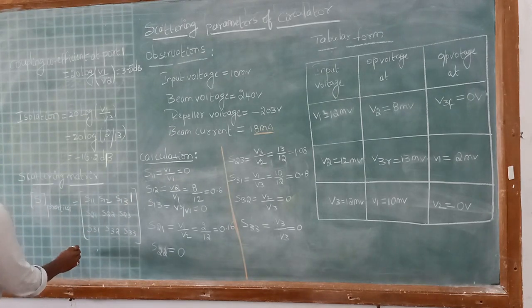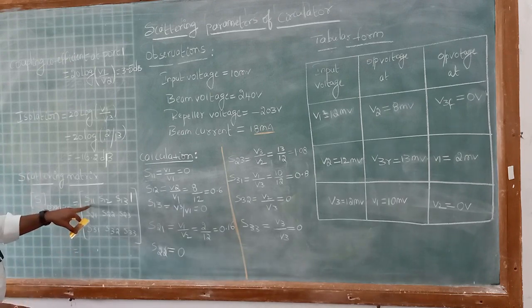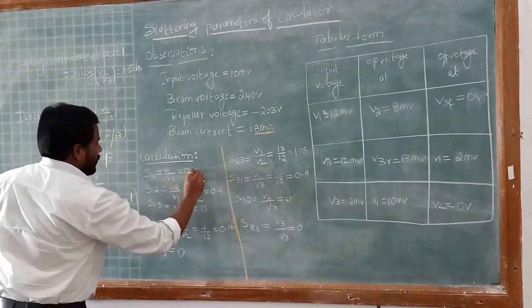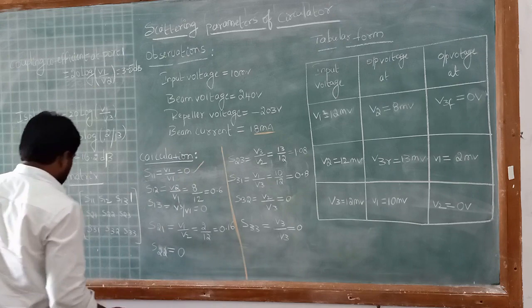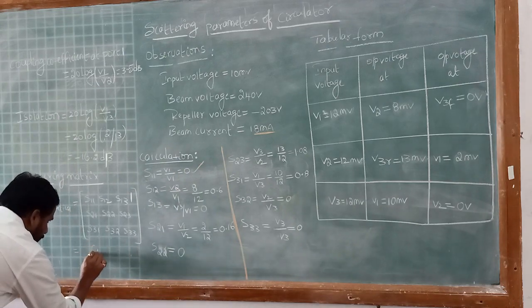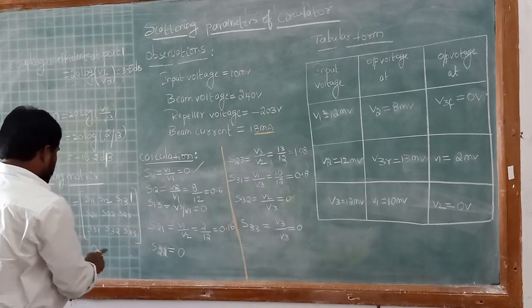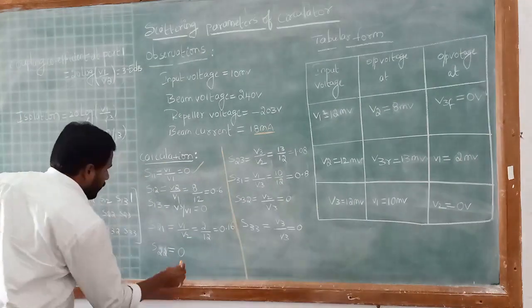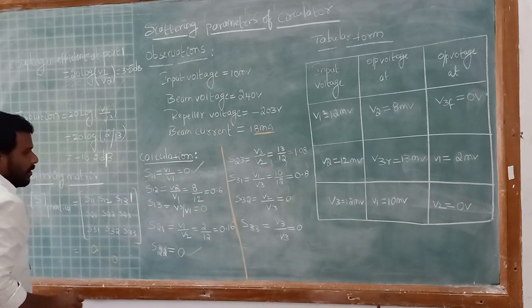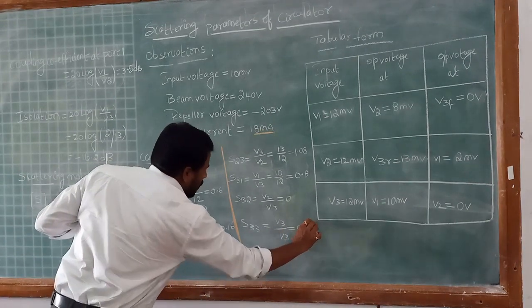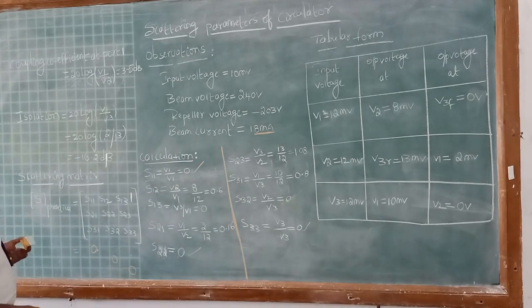Now check the values. What is S11? 0. What is S22? 0. S33? 0. All diagonal elements are zeros.